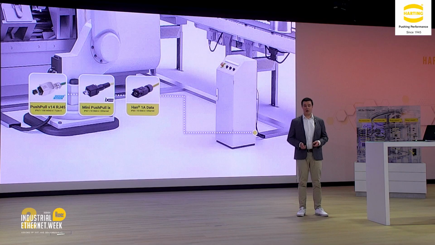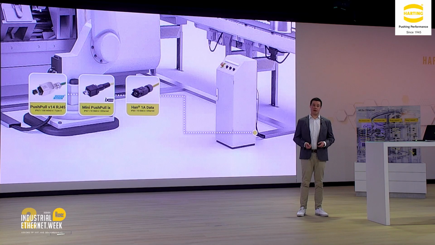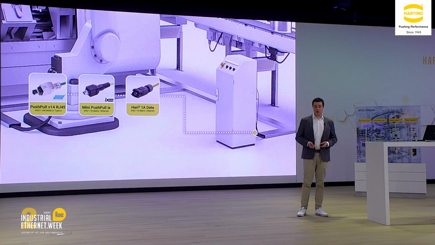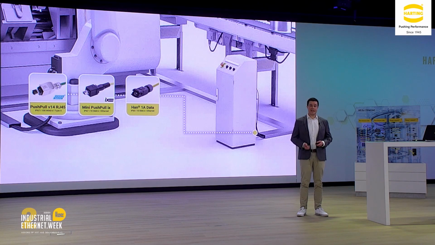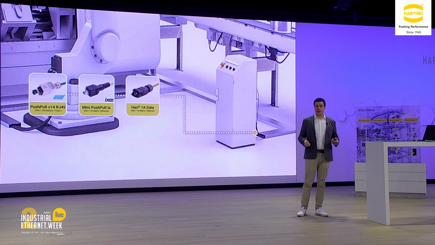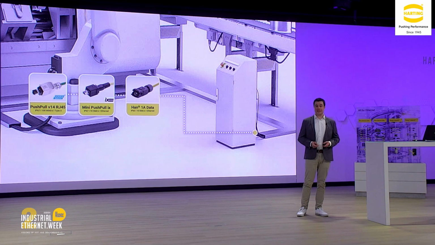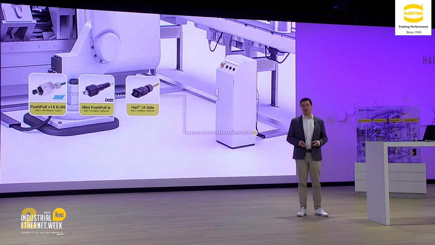Here, our IP65, 67 solutions are possible. If we think a little outside the box, you can use the Han 1A with the data module, but for sure you can also choose the well-known mating faces like the RJ45 or the iX, which was presented before, in a protected housing.